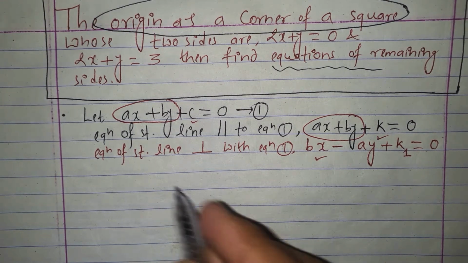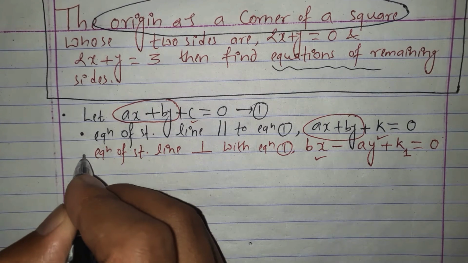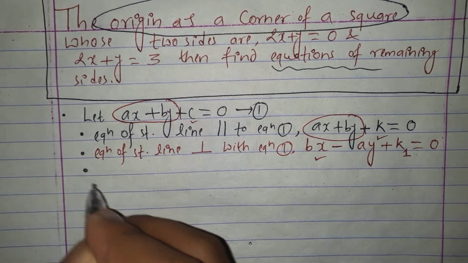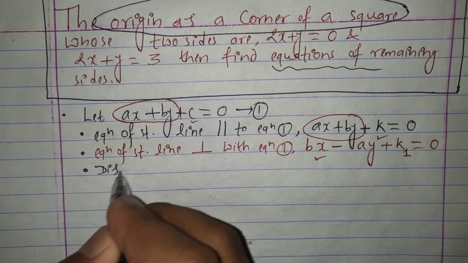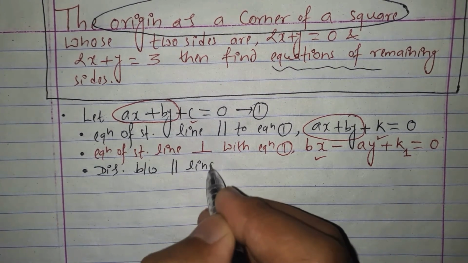And the third point is the distance between parallel lines.